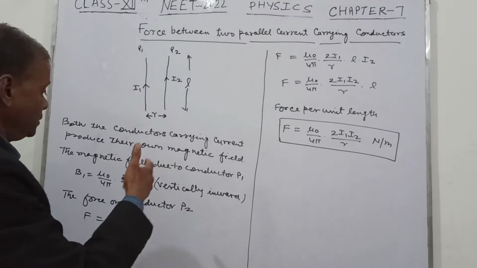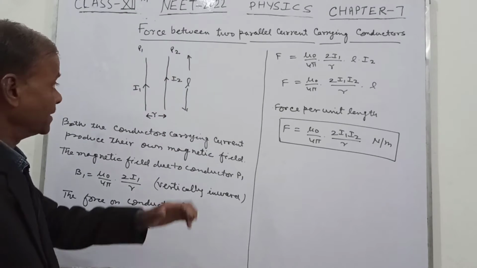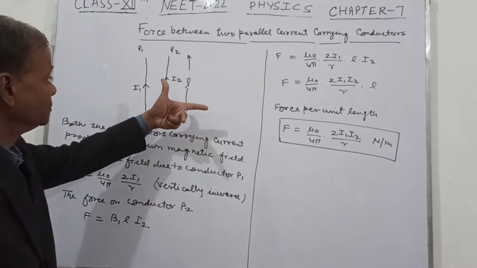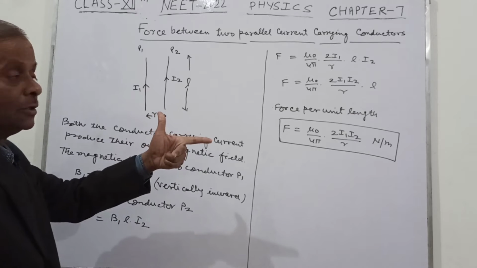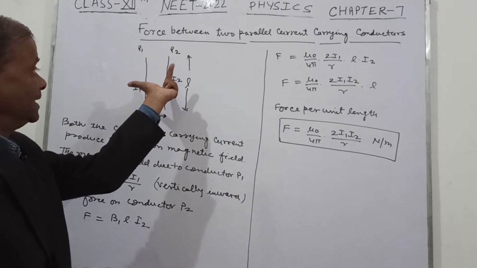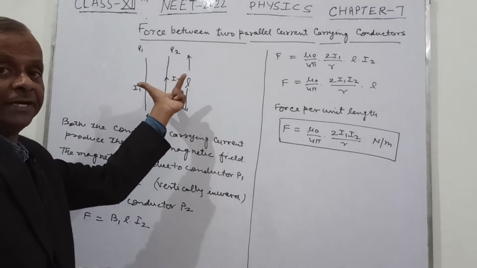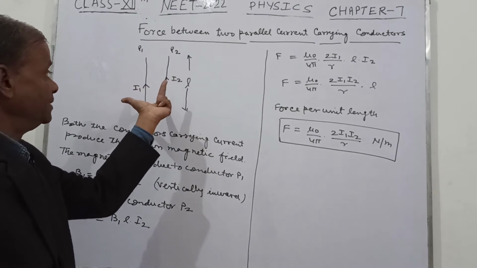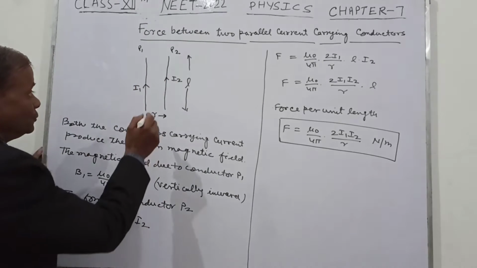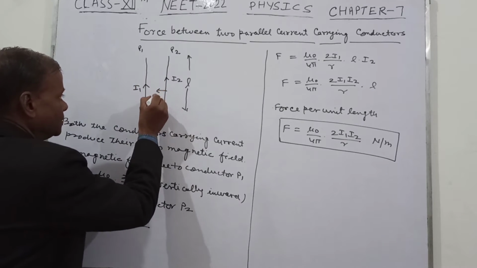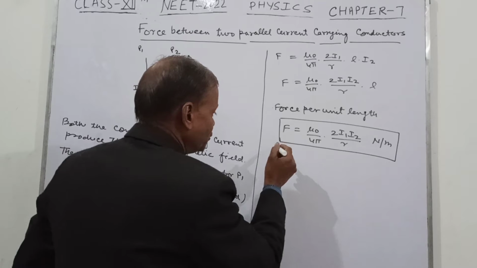Now when this field is vertically inward and this is the current, then what is the direction of the force? Now you apply the left hand rule. The magnetic field, this is the current, this is now force. The magnetic field is inside, then I can have my hand like this. The forefinger is vertically inward, the middle finger in the direction of the current. Then this force is acting towards P1.